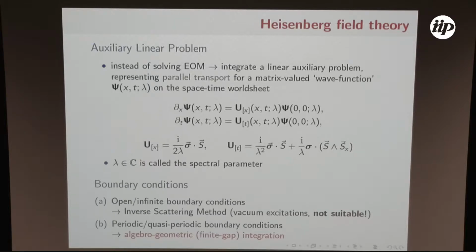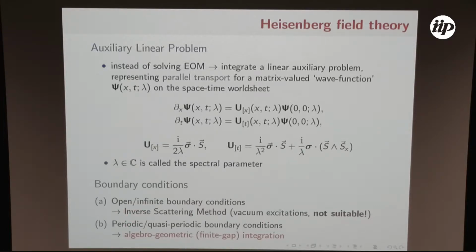So this is like the case of a vacuum, if you want. Then you can exploit this useful representation and integrate the equation of motion within the formalism known as the classical inverse scattering method.